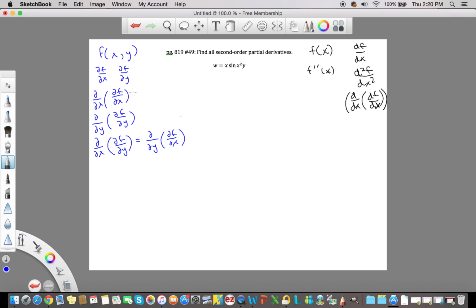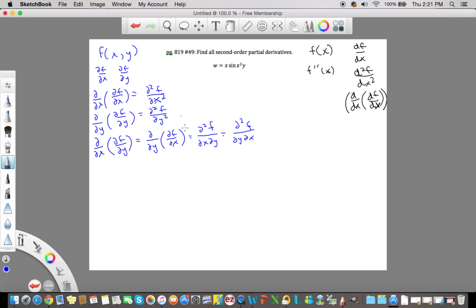Writing what those equal, this is simply d squared f over dx squared, this is d squared f over dy squared, and this is called a mixed derivative, d squared f over dx dy, or written in a different order, d squared f over dy dx. These are the same things. This is just showing the progression.